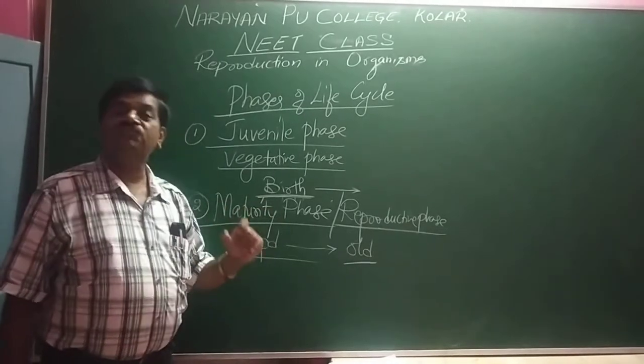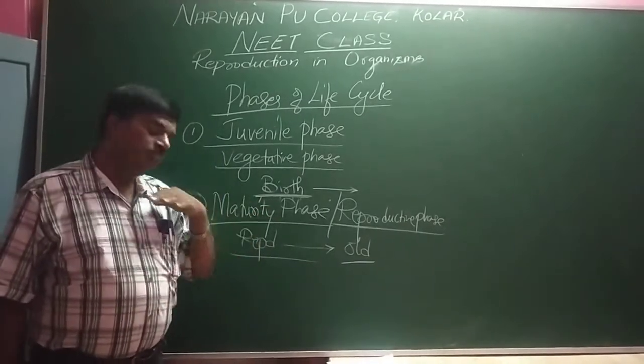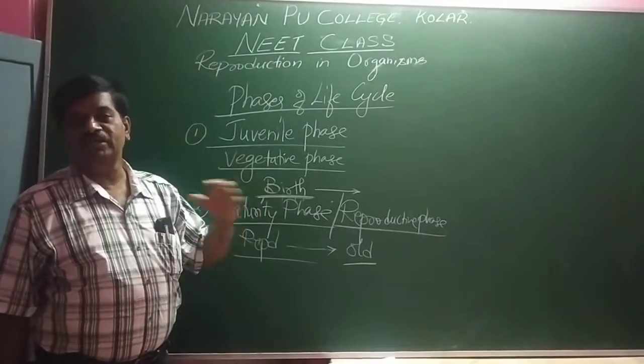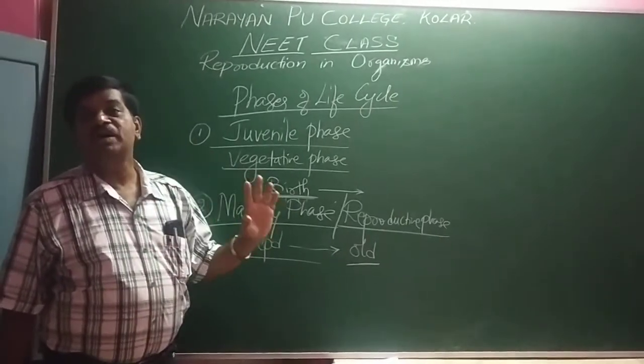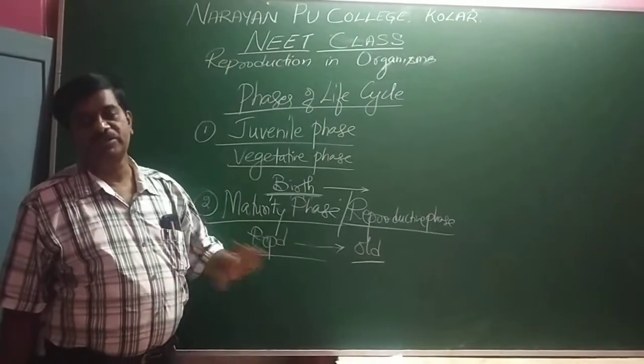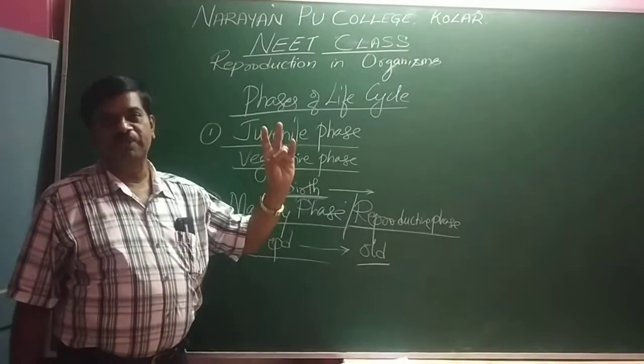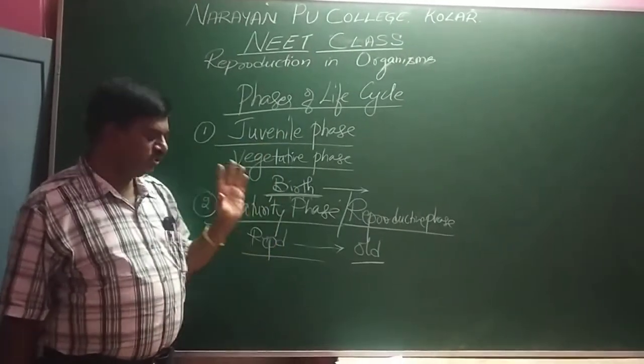The third is perennials, meaning the plants live and produce for many years. So annuals, biennials and perennials are present.